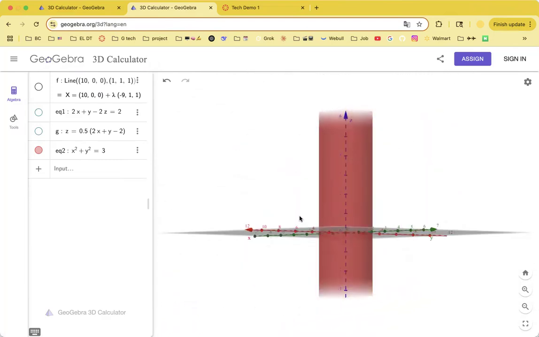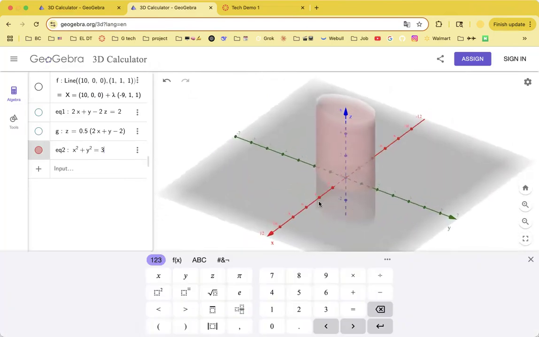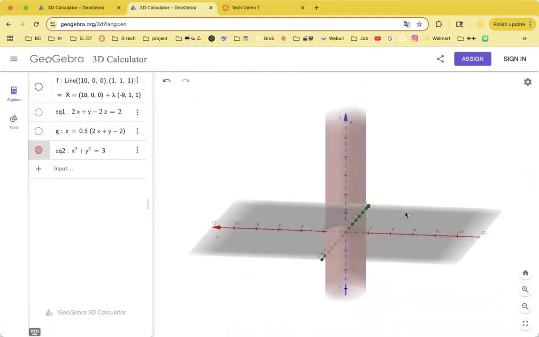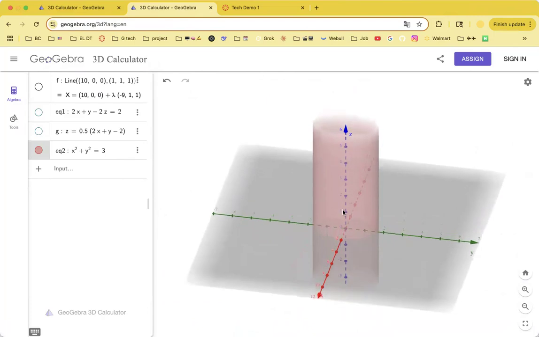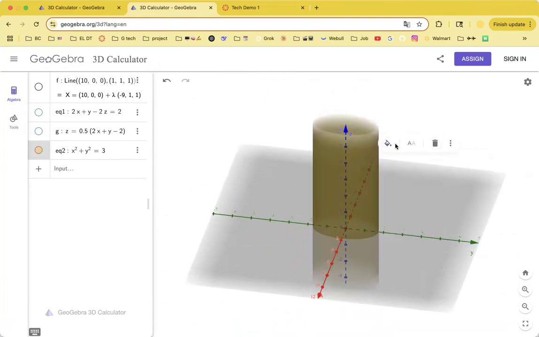But in the 3D space, we can see it is an infinite cylinder because we didn't put the axis boundary. Let's make it yellow. Oh, that's so scary.